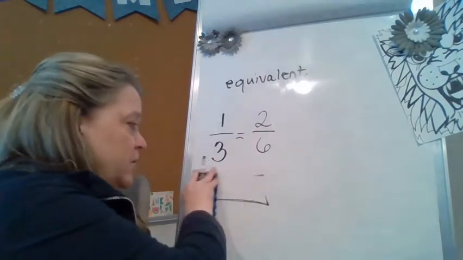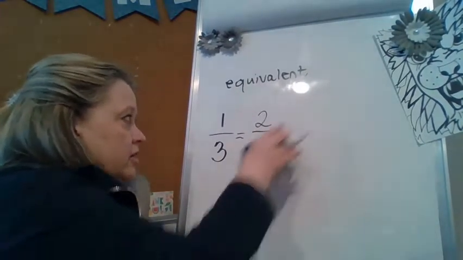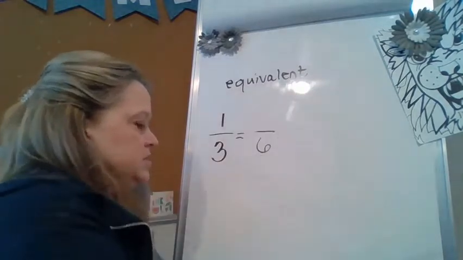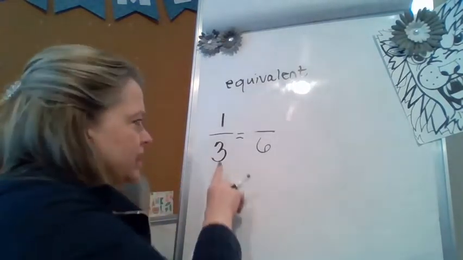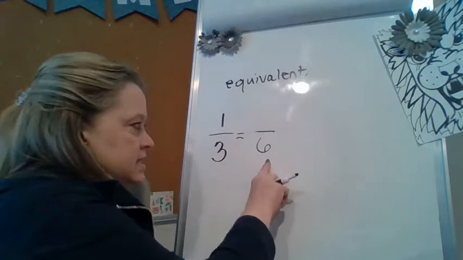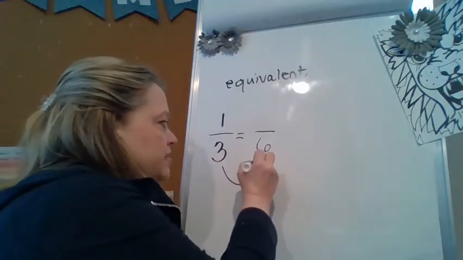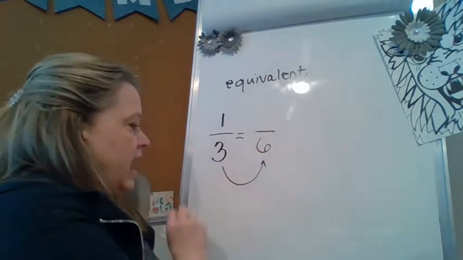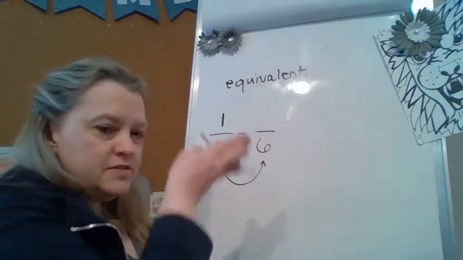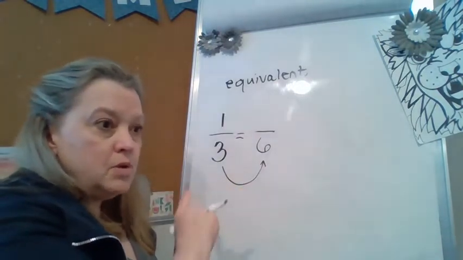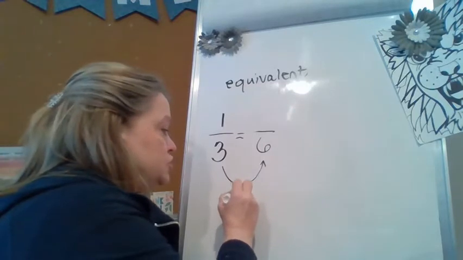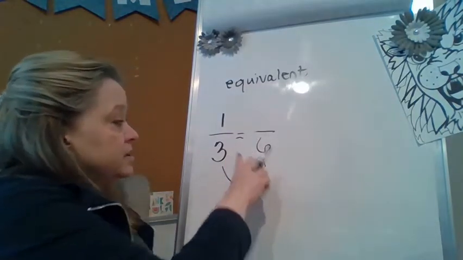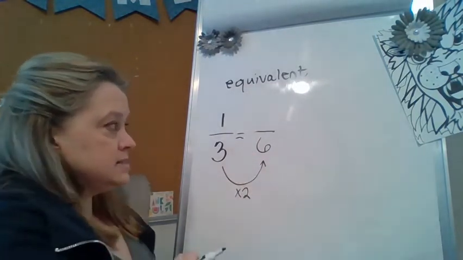What if we didn't have this bar here? How could we get there? Well, one thing you can do is you can decide, how would I go from 3 pieces to 6 pieces? So if I'm looking at 3 to 6, having those 3 chunks, I would divide each one into 2 pieces. So I would multiply them by 2. Multiply 3 times 2 and I get 6.